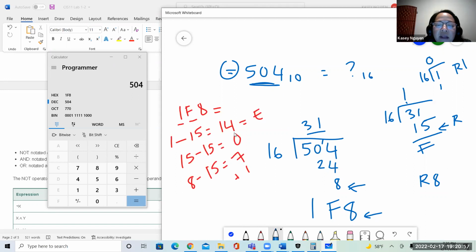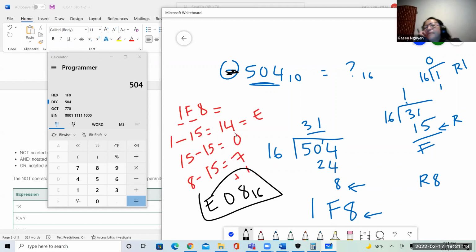So the 2's complement of 1F8 is actually E08. Okay. So negative 504 is that.